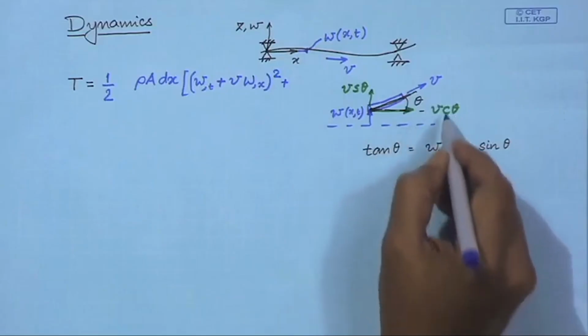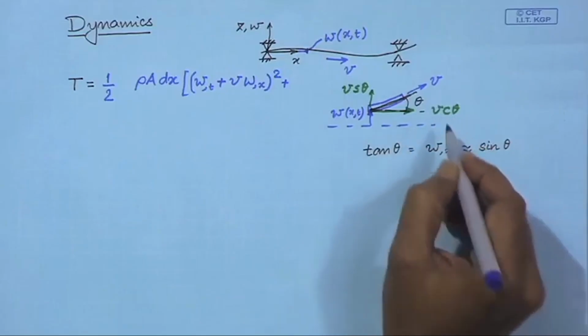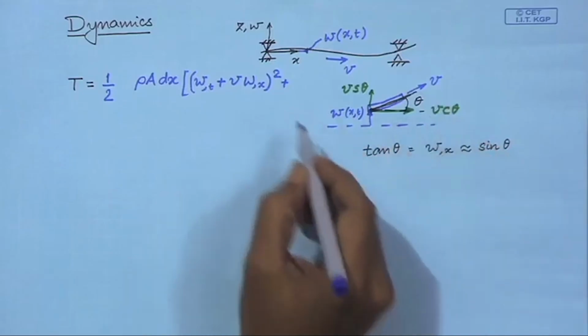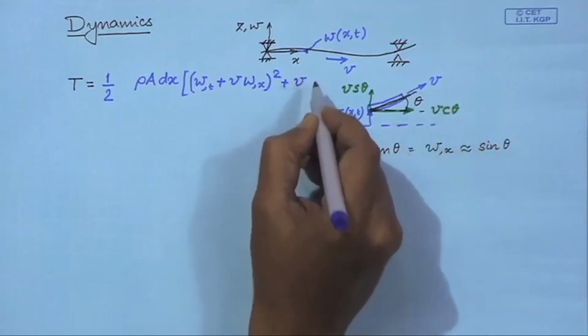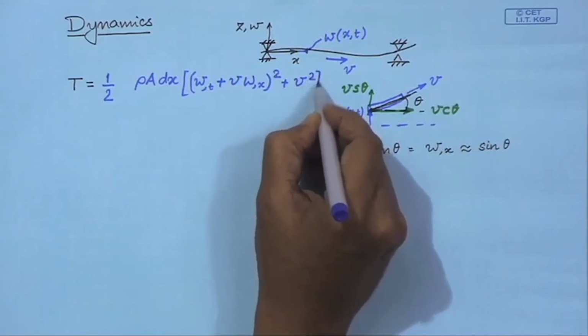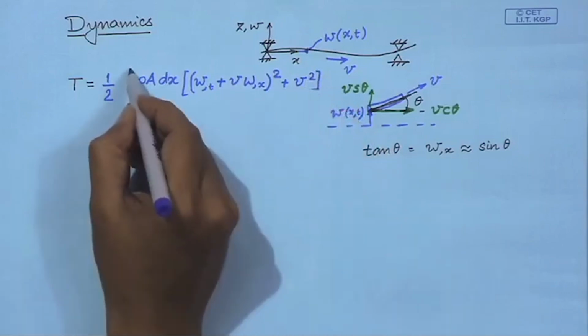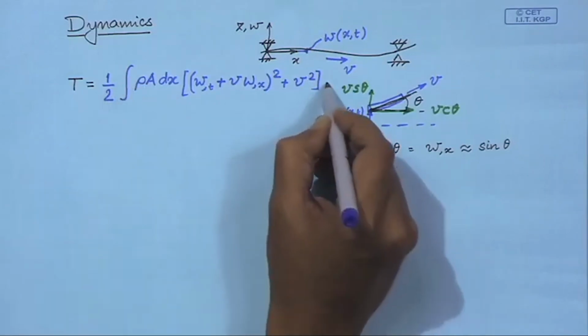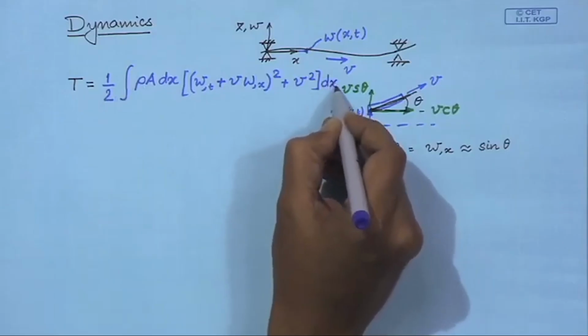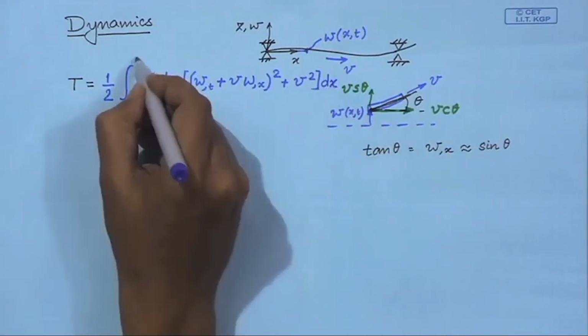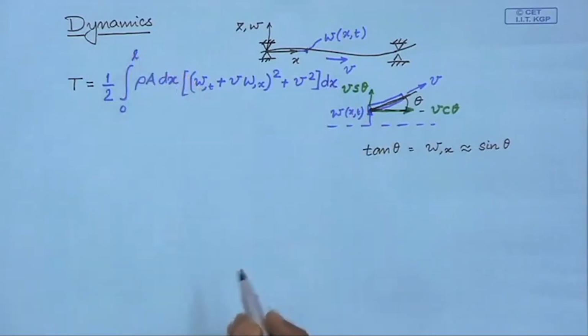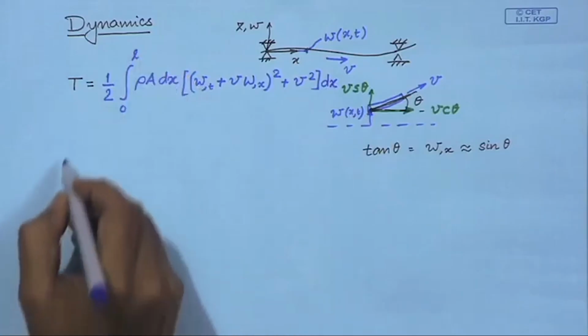Now, with the assumption that del w del x is small, v cosine theta can be approximated as this, and therefore, if I integrate this over the total length of the string, I have the total kinetic energy of the string.